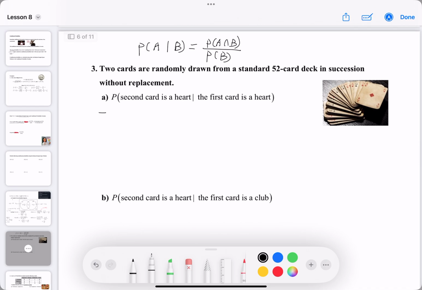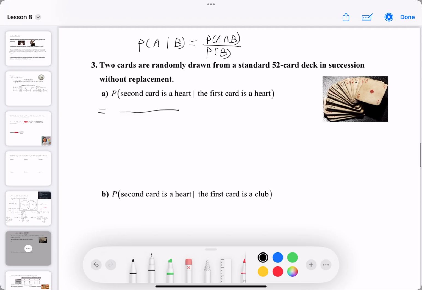So this question, P of second card is a heart, given first card is a heart, equals, let's make it short, P of second card is a heart and the first card is also a heart, divided by, since we are using the reduced sample space, n of first card is a heart.